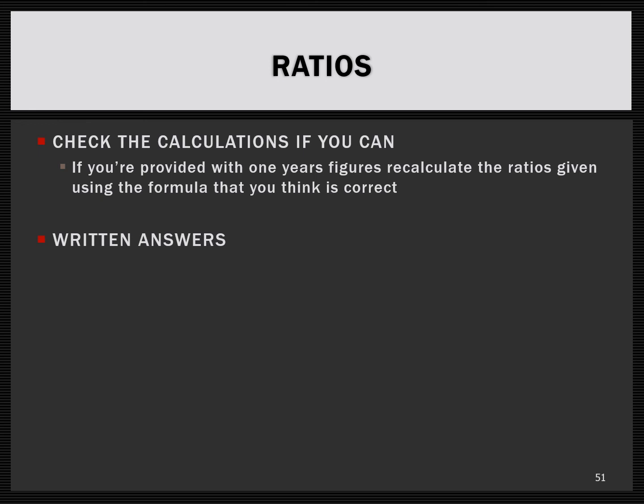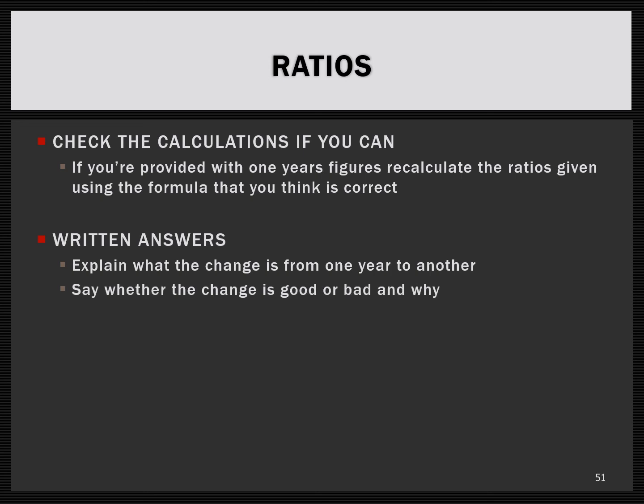The other important thing is question 8, the written answers on ratios. I would suggest that you always, first of all, explain the change in a particular ratio from 1 year to another, and then say whether the change is an improvement or a deterioration, and why, what effect it's going to have on the company and the company's profits or the company's working capital.